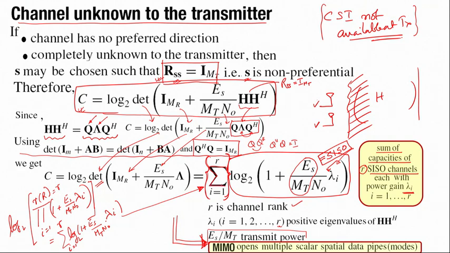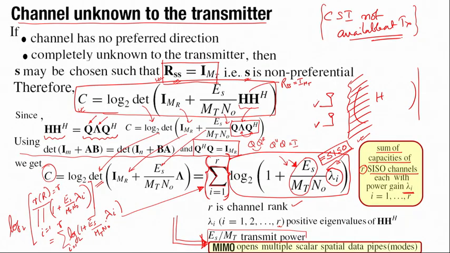So, that means now the power is distributed to different SISO links, each SISO link having a certain amount of gain, and the transmitted power against each SISO link is an equal power, that is Es by MT. So, all one needs to do is to compare this and see whether it gives an increase, and the clear cut answer is that this gives a much larger value of spectral efficiency than a SISO link, which has all the power entrusted inside the logarithm. So, this helps us grow beyond the logarithmic growth of spectral efficiency.